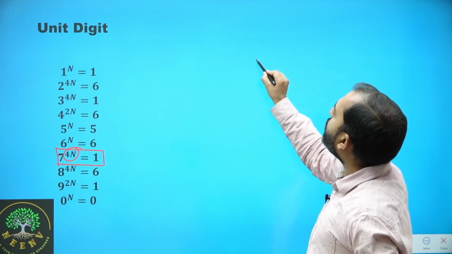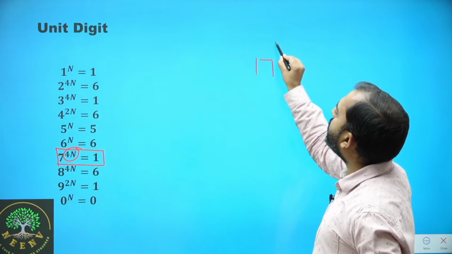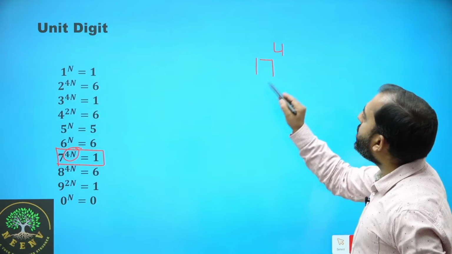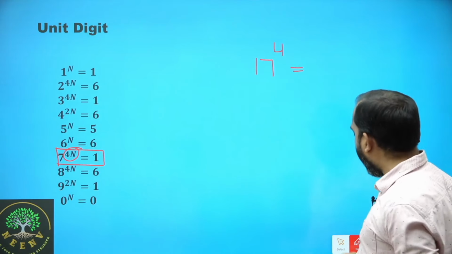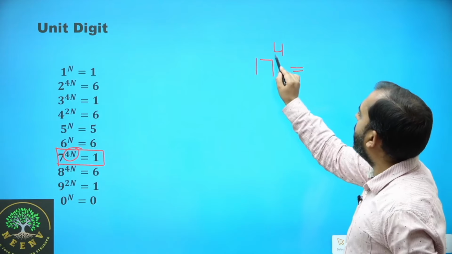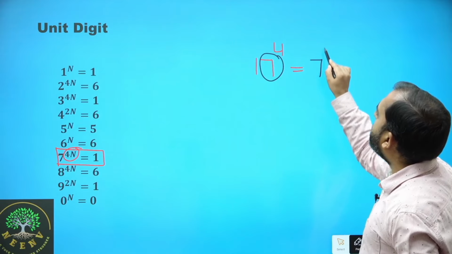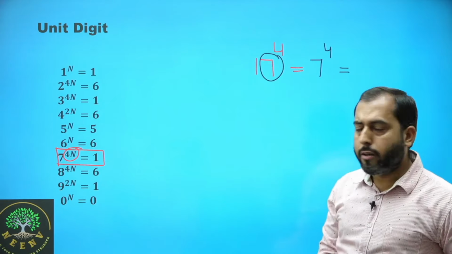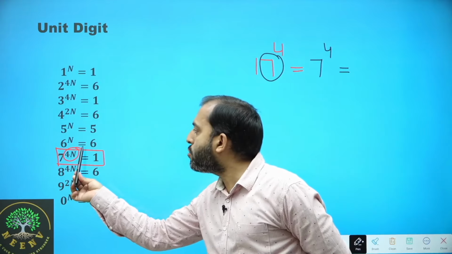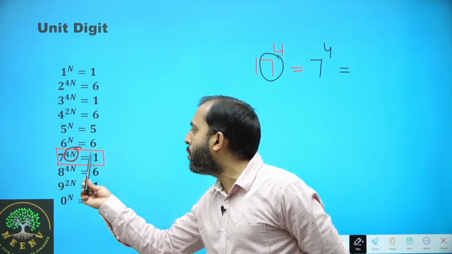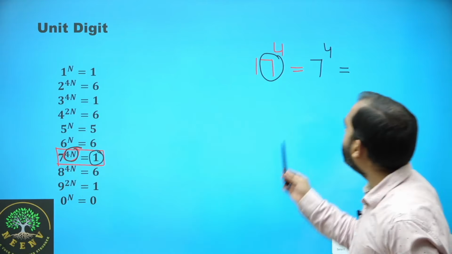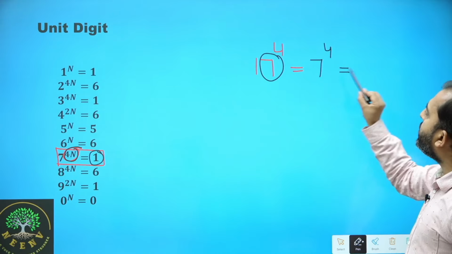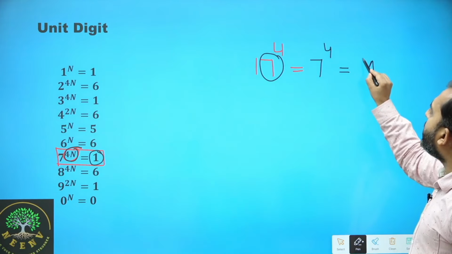Suppose you want to find out the unit digit of 17 power 4. The unit digit of 17 power 4 and 7 power 4 will be same, and we just learned the fact that 7 raised to the power any multiple of 4 will produce 1 as the unit digit. So, 17 power 4 and 7 power 4, both of these results will have 1 as the unit digit.